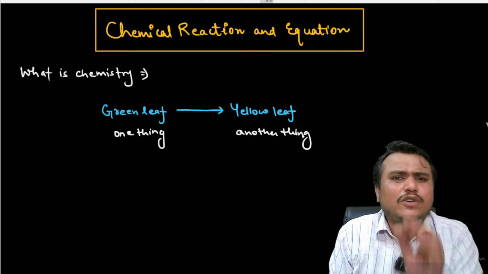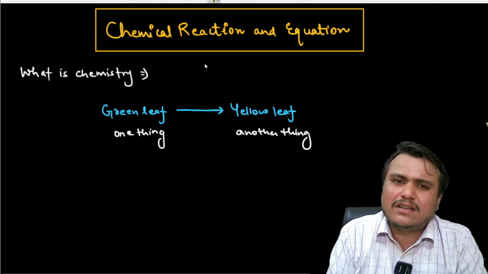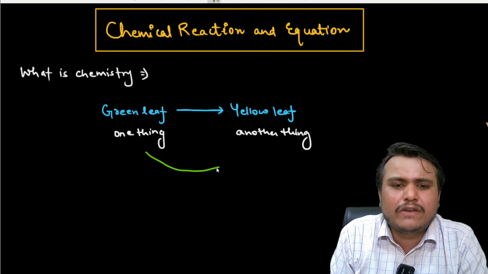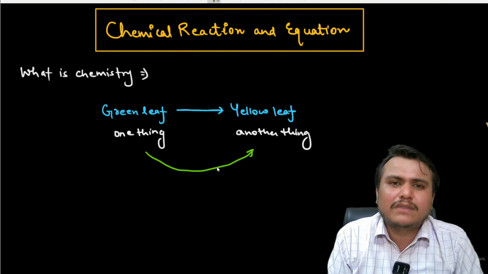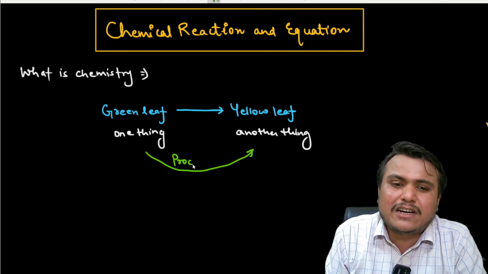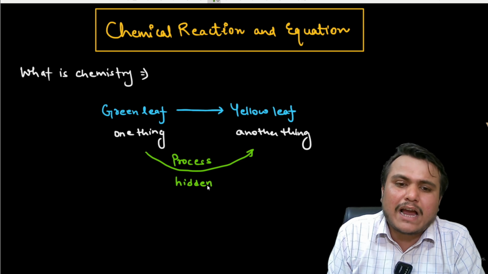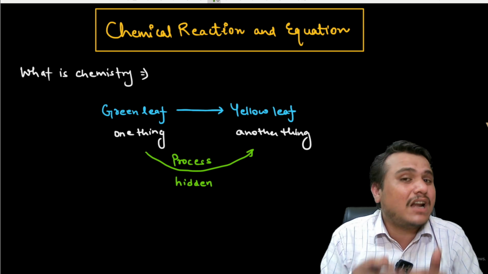If I ask you why this green leaf is converted into a yellow leaf, you will say, sir, I don't know, I am just observing that initially it was green, after some time it has become yellow, but why that green color changes into yellow, what is the process, that whole thing is hidden and it is not observable and I can't comment on that.